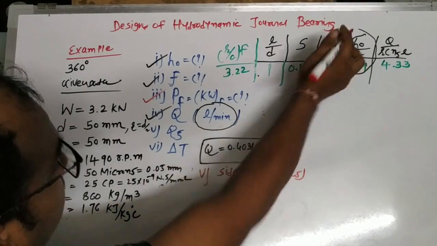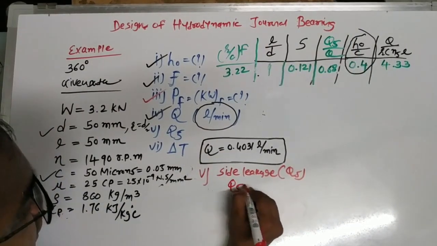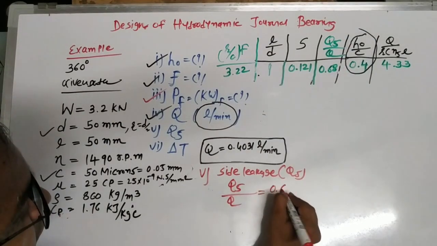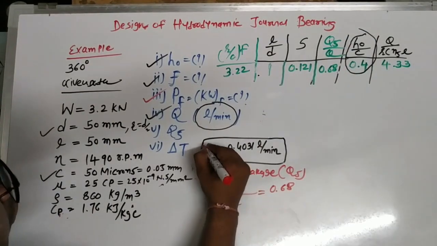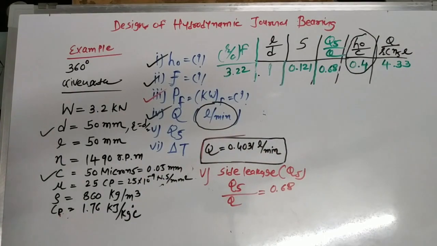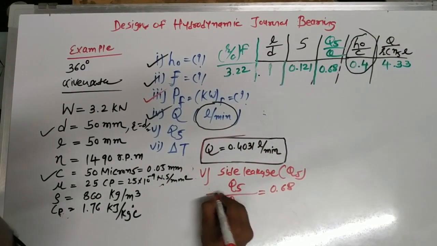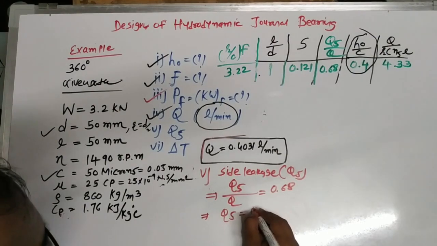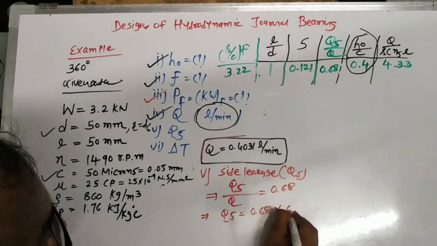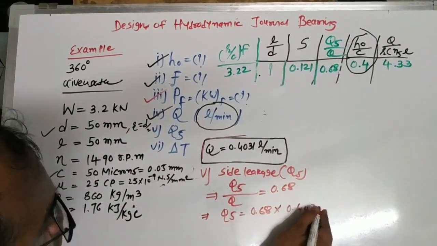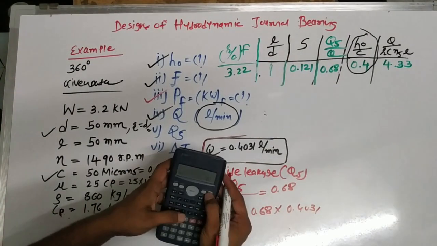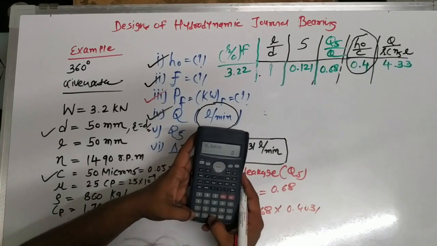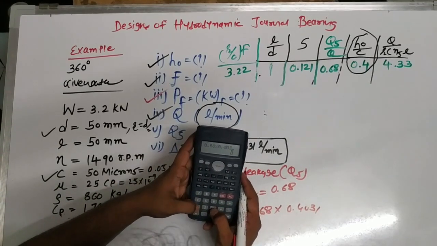So we have design data, QS by Q equal to 0.68. Now Q we have already found in the previous part, so I can take the value of Q directly. So QS is equal to 0.68 into 0.4031. Let us see what is the final answer. So 0.68 into 0.4031.